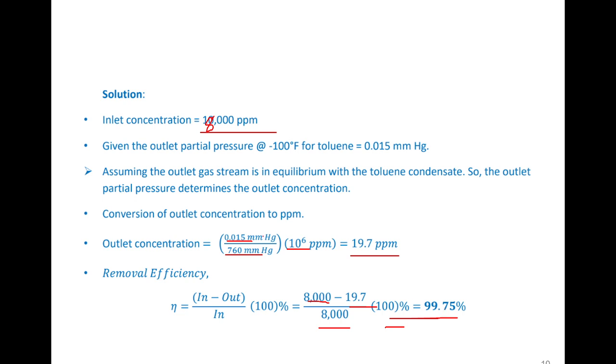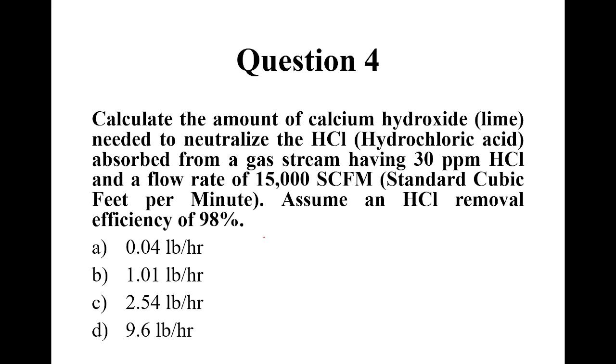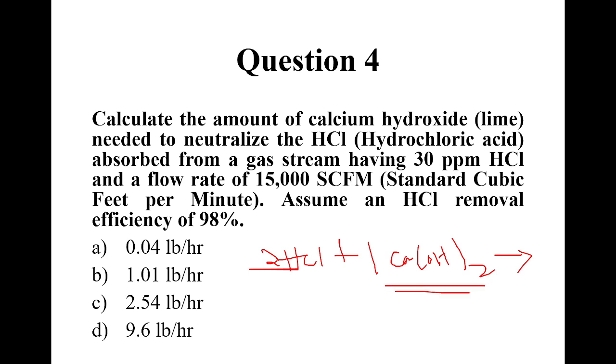You got it? Yes. So fourth question is to calculate the amount of calcium hydroxide needed to neutralize the HCl. So what is the equation? 2 HCl will react with 1 calcium hydroxide and it will produce CaCl2 plus H2O, right? So you want a neutralization. HCl is in water, so I am adding calcium hydroxide to neutralize it.